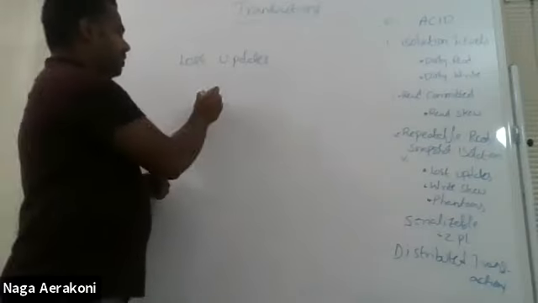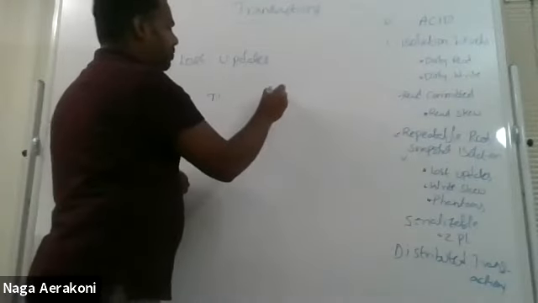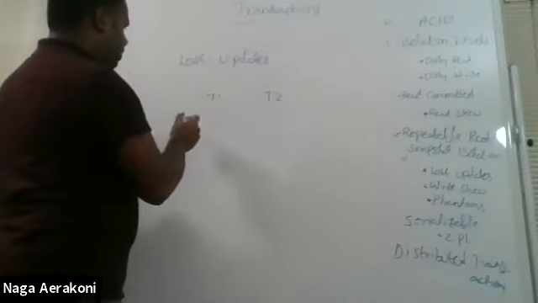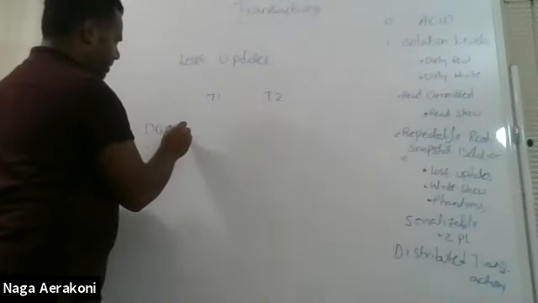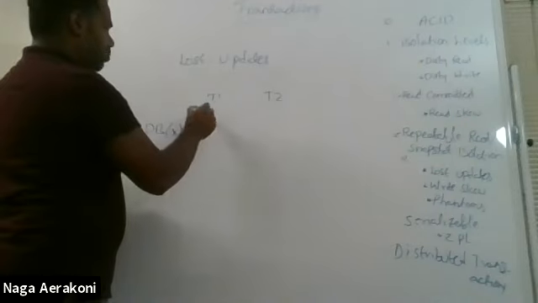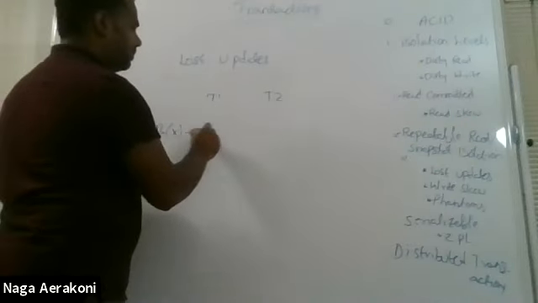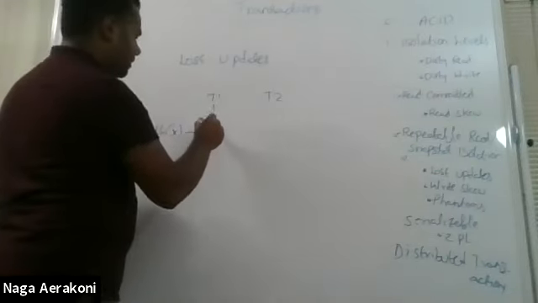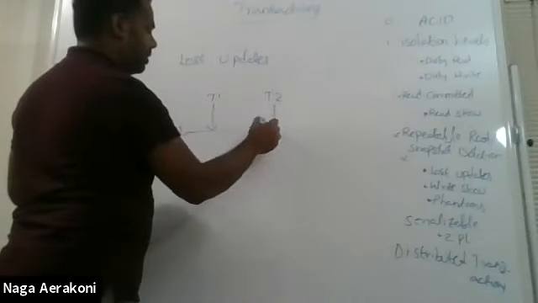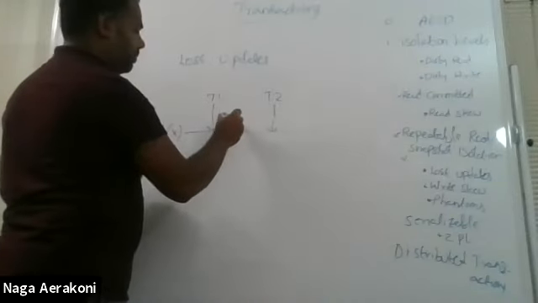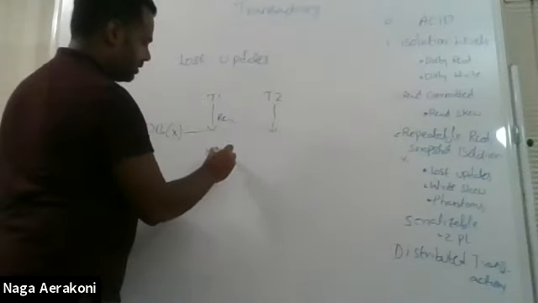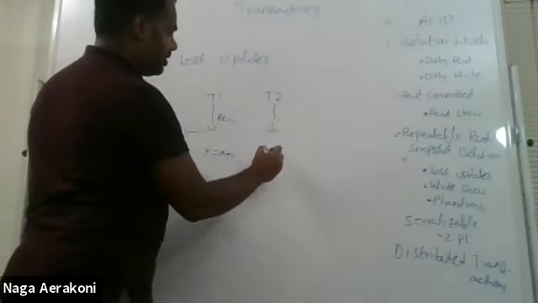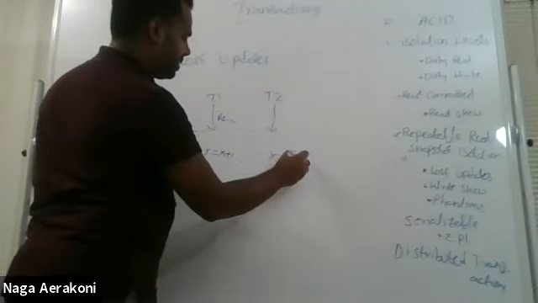If you have two transactions, P1 and P2, both attempt to, say we have a database and some table with a value X, they both read the data at the same time, and they both increment: x = x + 1, and this transaction also does x = x + 1.